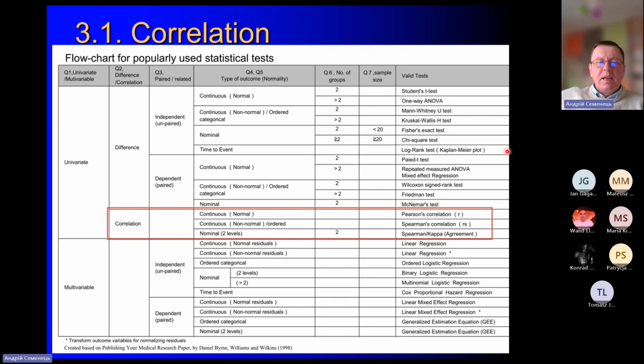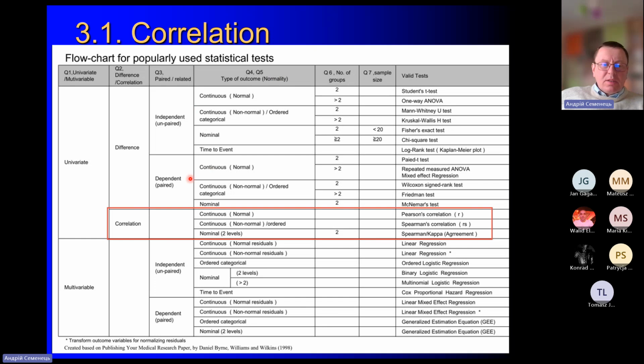In this case, we have combined multiple types of analysis on one diagram, depending on what we want to do: univariate or multivariate analysis, depending on whether we are looking for difference or some similarity between variables, whether we have paired or unpaired data, what kind of outcome we expect, what kind of data we have, distribution type, normality.